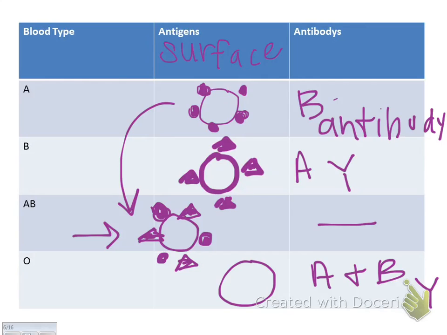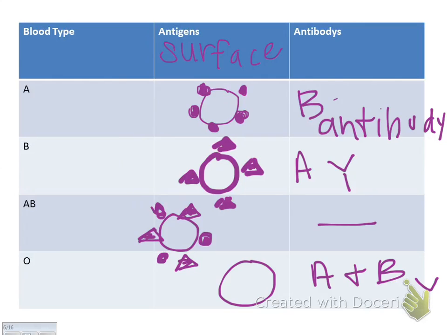Okay, so people with A blood can receive blood from A and O. They can get A and they can get O. Okay, if you have B blood, you can receive from B and O. Right? Can y'all see this? Okay, people with AB blood, who can they receive from?